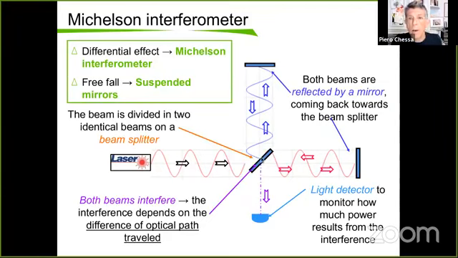So one part of the wave goes in the direction of an end mirror, the other part goes in the perpendicular direction to another end mirror. Then the reflected waves go back to the beam splitter. One goes through the beam splitter, the other is reflected by the beam splitter, and both go to the light detector.